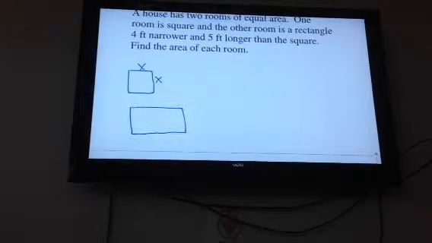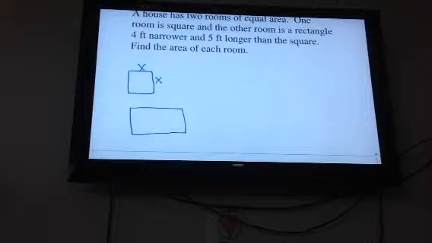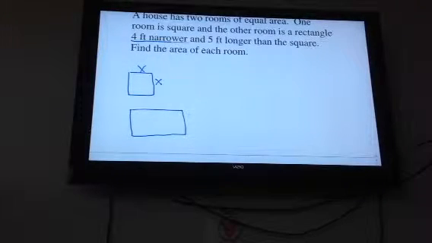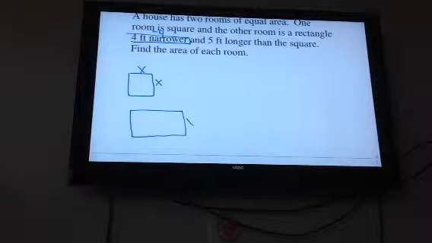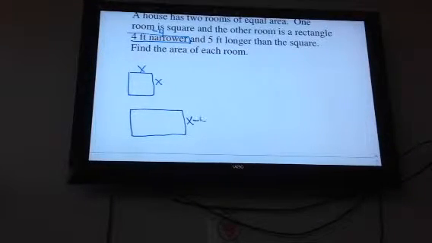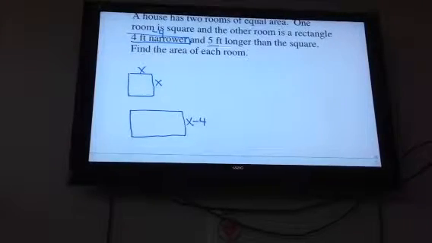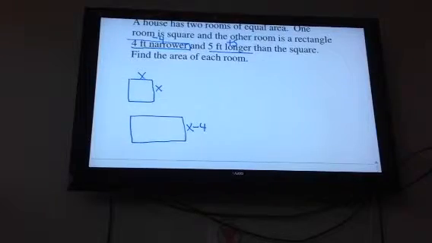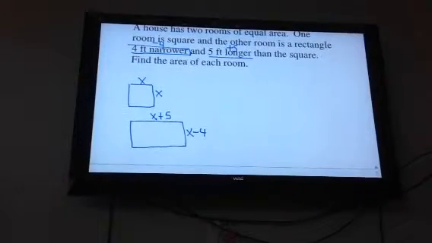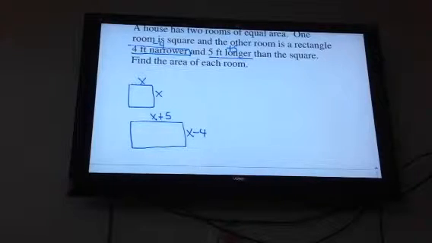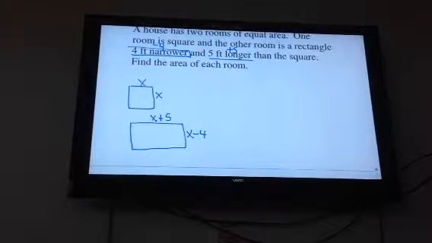And then we have a rectangle, and the rectangle is 4 feet narrower, so that's a minus 4 on the width, x minus 4, but it's 5 feet longer, which is a plus 5, so my length is going to be x plus 5, than the square. So we're comparing our rectangle room to the square room.